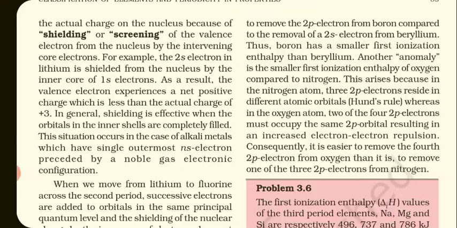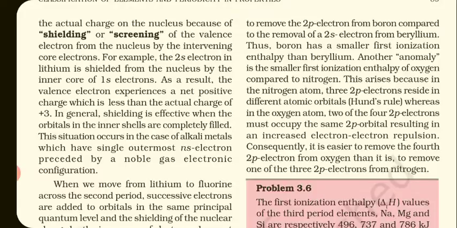For example, the 2s electron in lithium is shielded from the nucleus by the inner core of 1s electrons. As a result, the valence electron experiences a net positive charge which is less than the actual charge plus 3. In general, the shielding is effective when the orbitals in inner shells are completely filled.